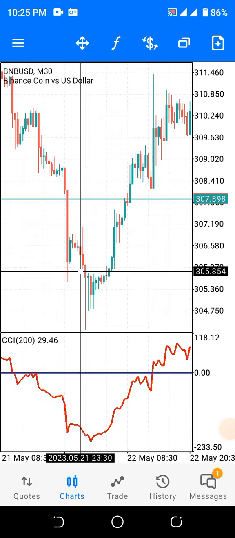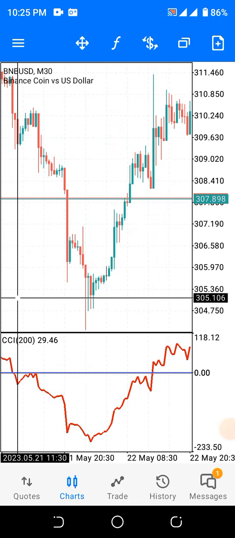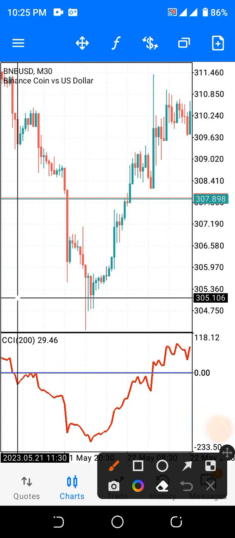Now when the correction occurs here, this is the CCI correction. When the correction occurs, the red line crosses the horizontal line from the side of the CCI. If the correction is from up downward, that is a clear sell sign. If the correction is from down upward, that is a buy signal.